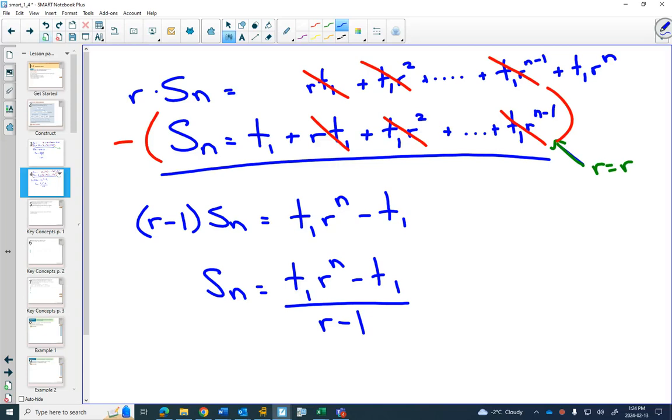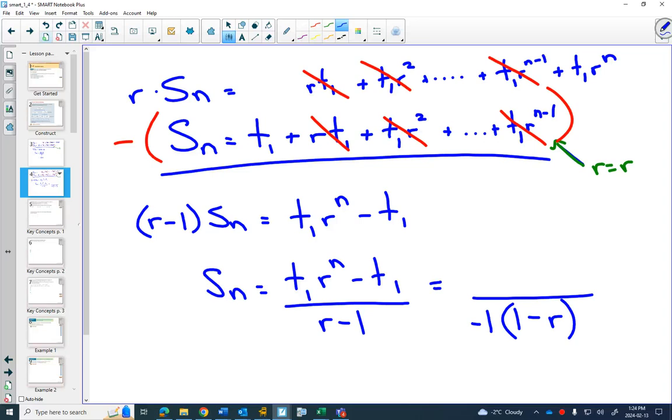Now, on your formula sheet, it doesn't look exactly like this. What your formula sheet has is a 1 minus r on the bottom instead of an r minus 1. In order to get 1 minus r, I would have to take out a negative 1 on the bottom. Because if I factor a negative 1 out of r, I get a negative r.